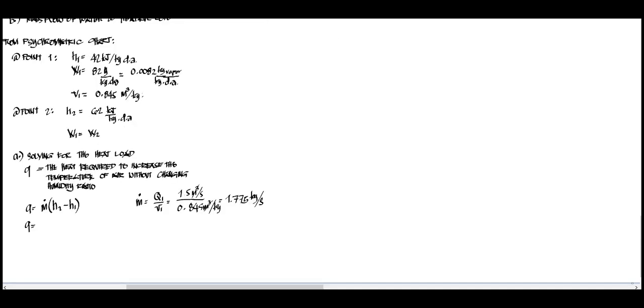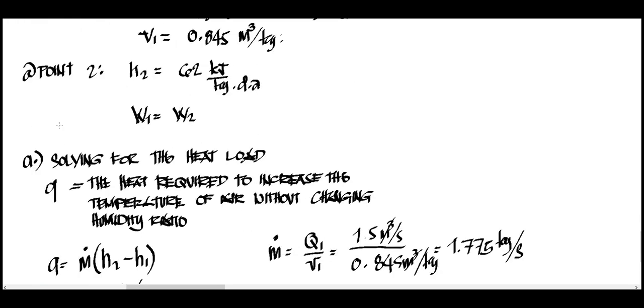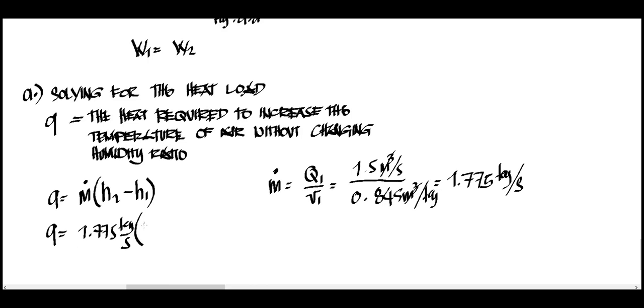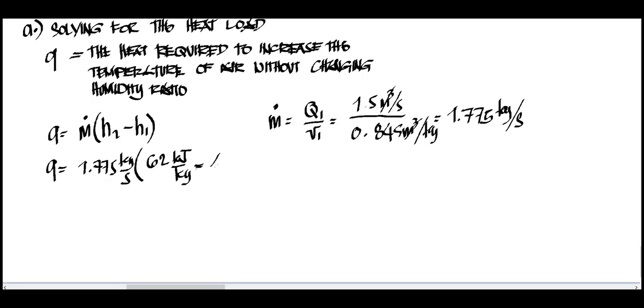Then multiplied by enthalpy 2, which is 62 kilojoule per kilogram, minus enthalpy 1, which is 42 kilojoule per kilogram.